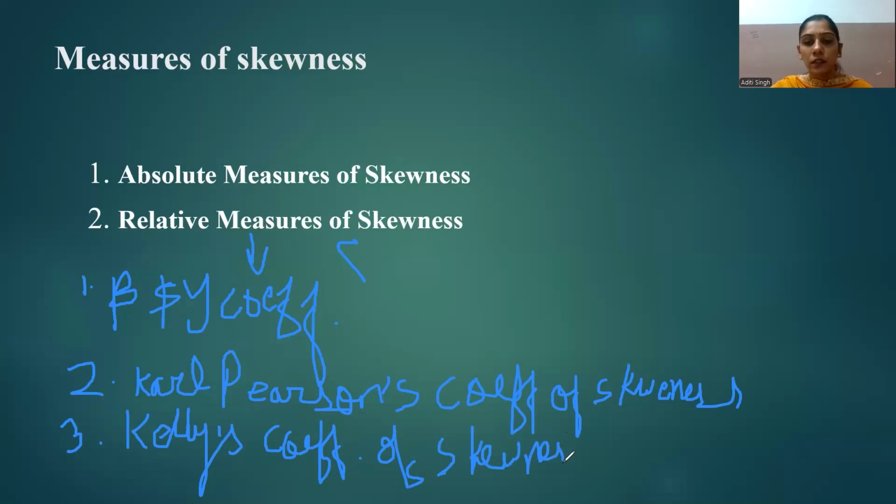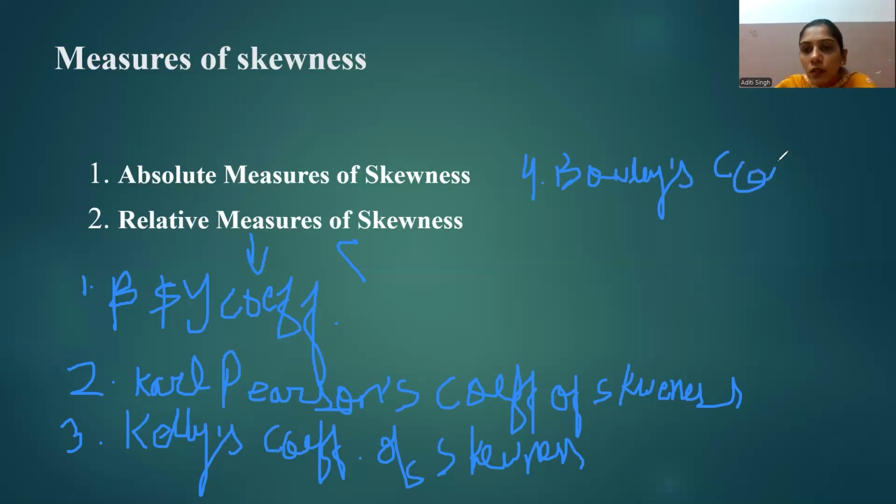So this is the next method. First is Beta and Gamma coefficient, then Karl Pearson's coefficient of skewness and Cayley's coefficient of skewness, and the fourth one is Bowley's coefficient of skewness. What is this?